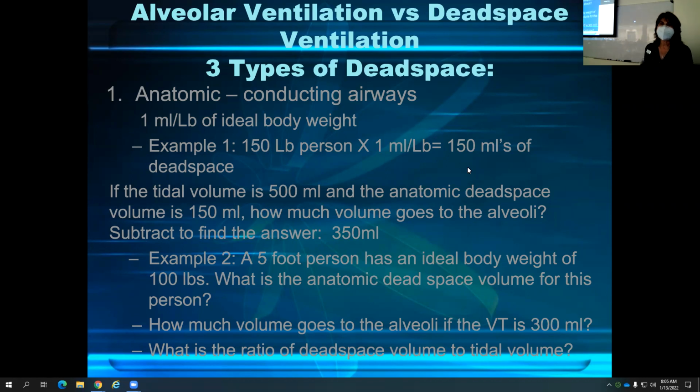The amount of air that fills the conducting airways is equal to 1 ml for every pound of a person's ideal body weight. And then it gives you an example to explain that. So if a person has an ideal body weight of 150 pounds, they will have an anatomic dead space of 150 mLs.